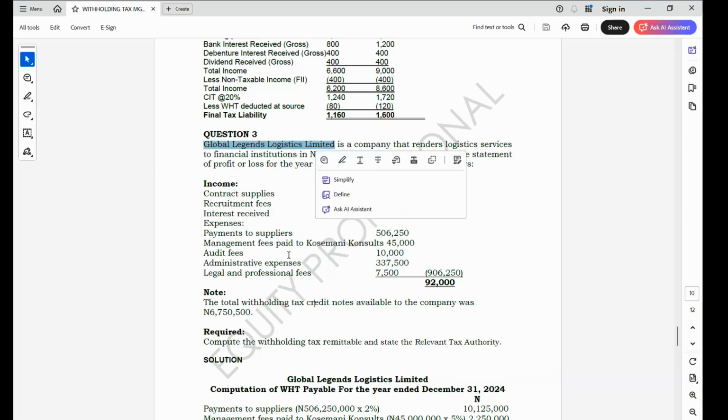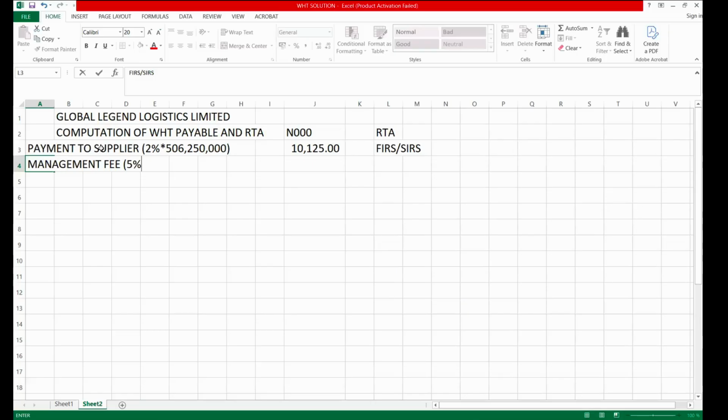After that, we have a management fee paid to Kochemani Consult. What category? Management fee. The withholding tax rate on management fee, multiplied by the gross amount.